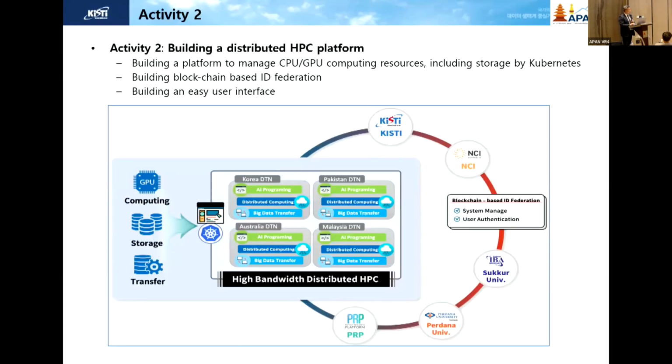Activity two is building the distributed HPC platform. There are also three steps to enable this platform. The first is building the platform with CPU, GPU, and computing resources, including storage. The second is building blockchain-based ID federation technology.